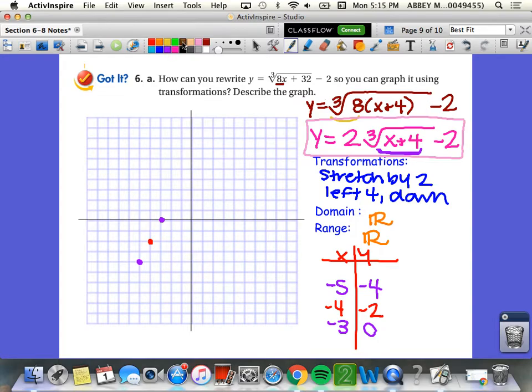Now all I need to do is finish up with the tails. What's going to make this go to -8? That would be negative 12. So when I plug in negative 12, I get the cube root of negative 8, which is negative 2. Negative 2 times 2 gives me negative 4, minus 2 gives me negative 6. Going off the graph here.